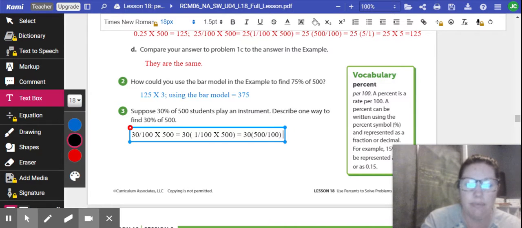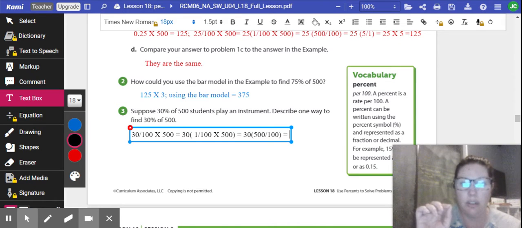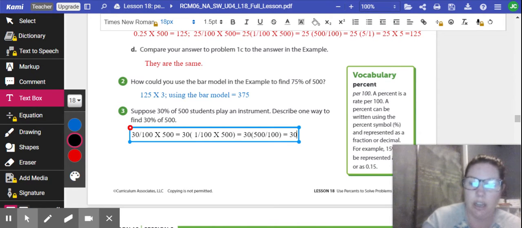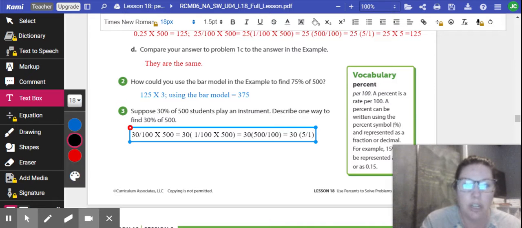And then my zeros cancel out. So then I'm left with 30 outside the parentheses with 5 over 1, which is the same thing as 30 times 5, because remember, parentheses mean to multiply. And anything over 1 is itself. So 5 over 1 means 5 wholes.